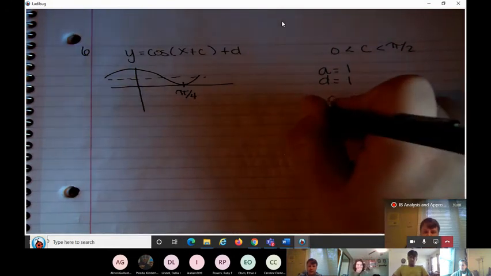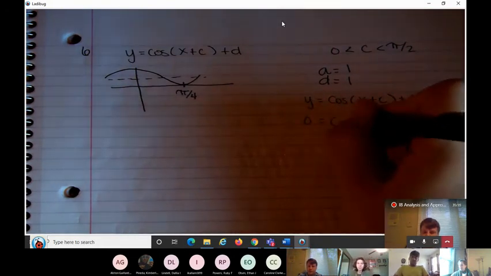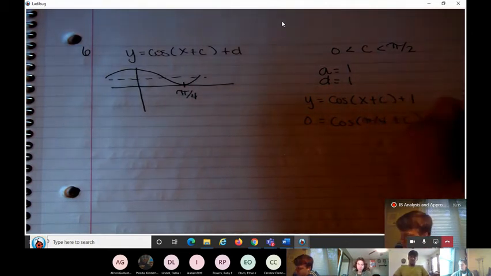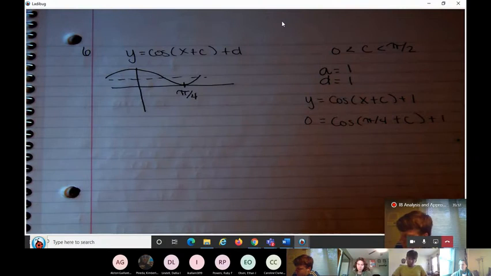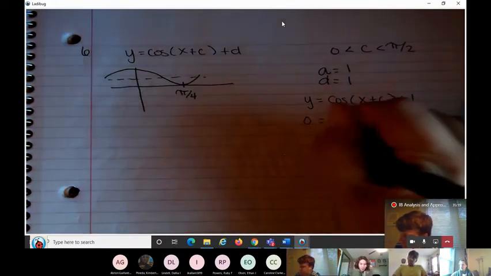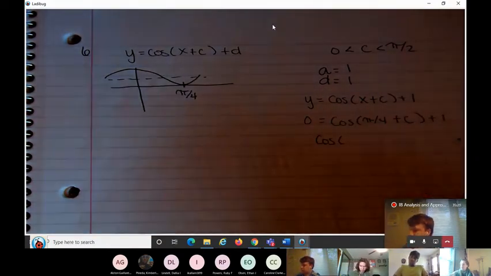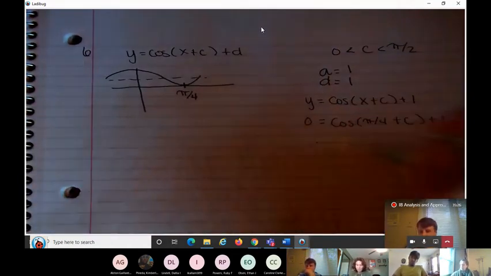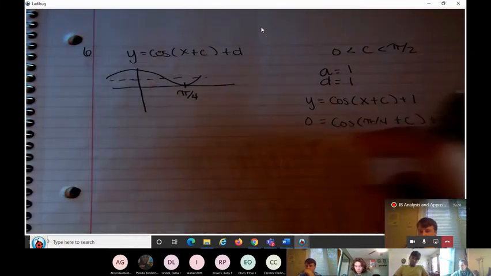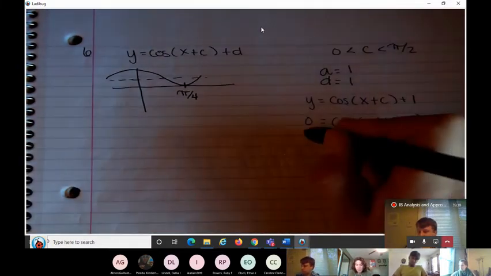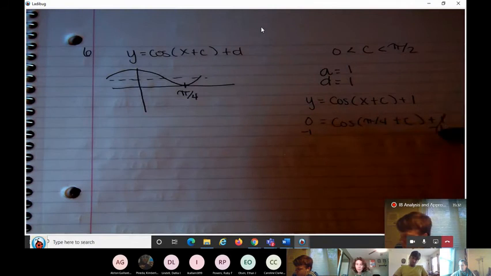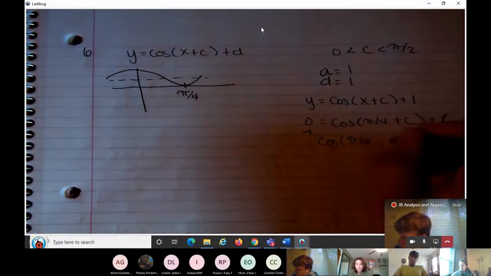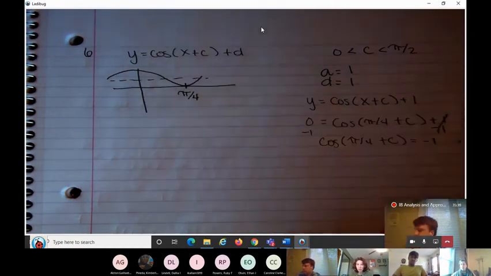So I'm going to have 0 equals cosine of pi over 4 plus c plus 1. First, we've got to subtract 1 from both sides to isolate the cosine. So we should get that the cosine of pi over 4 plus c is equal to -1.